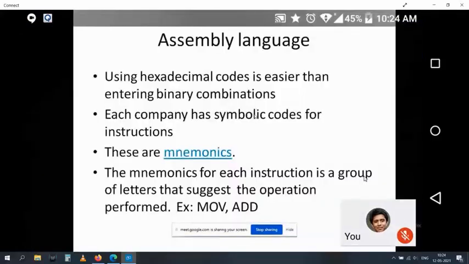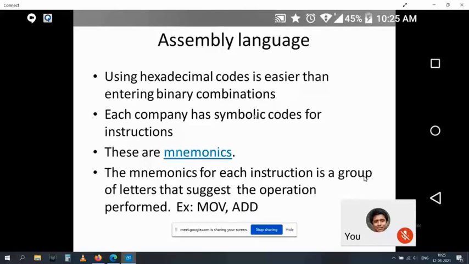Let us go through this. So assembly language is using hexadecimal. In the first class, we discussed all different kinds of number systems. We saw binary, octal, hexadecimal. So here we are using the hexadecimal code. You will always see there is an H written, 32H. So the H is for the hexadecimal part. Why? Because using hexadecimal code is easier than entering binary combinations.